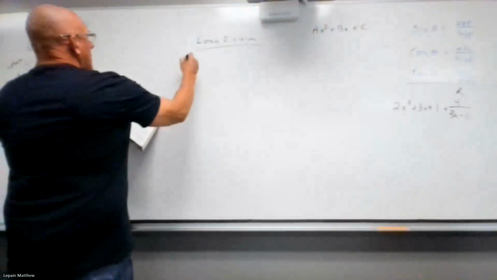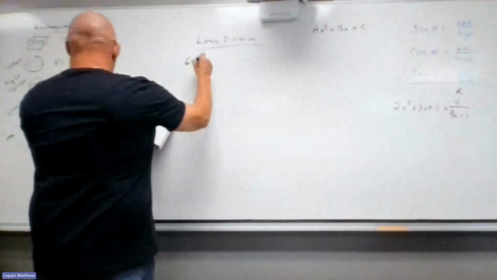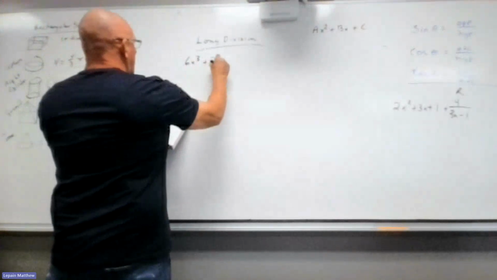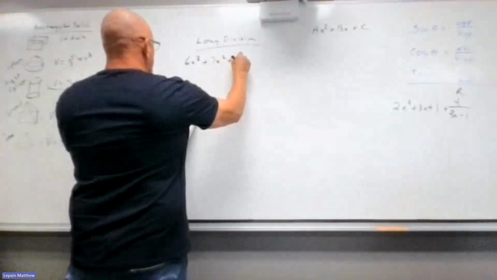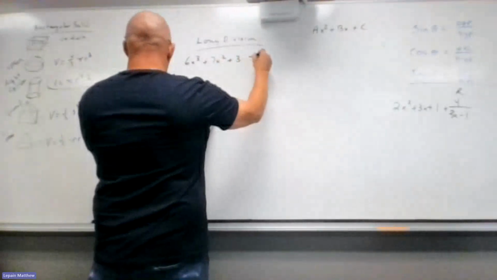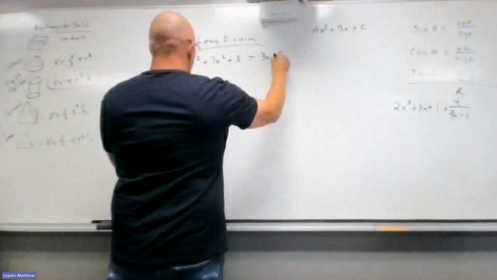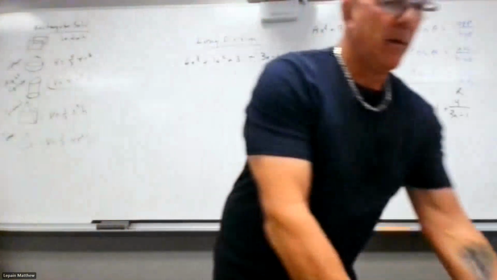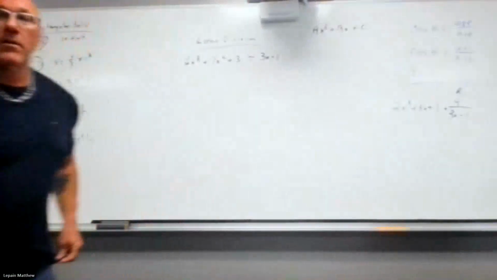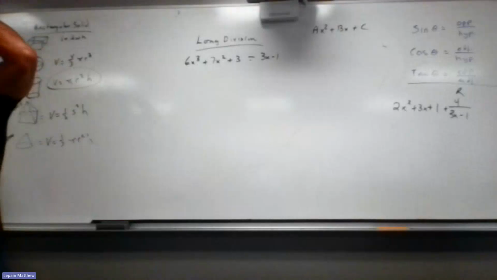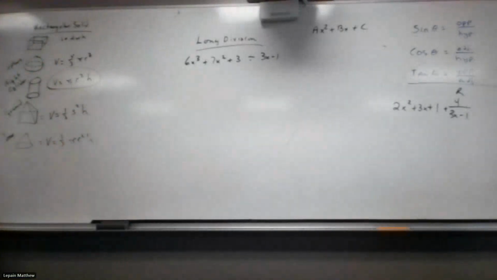We got 6x cubed plus 7x squared plus 3 divided by 3x minus 1. All right. Now, you've got to open your eyes. Look at that first trinomial, the 6x cubed.